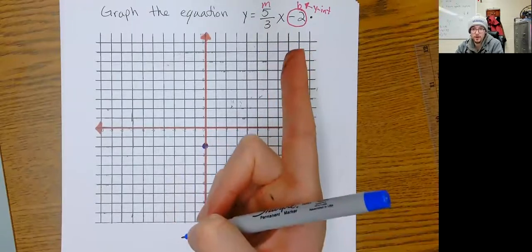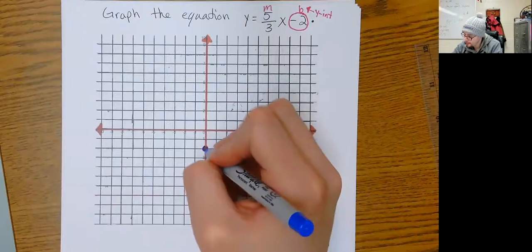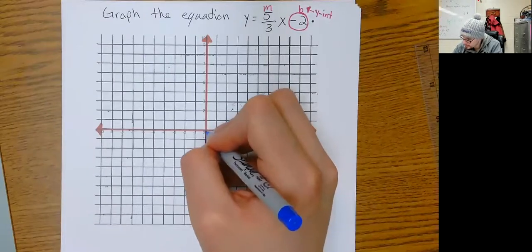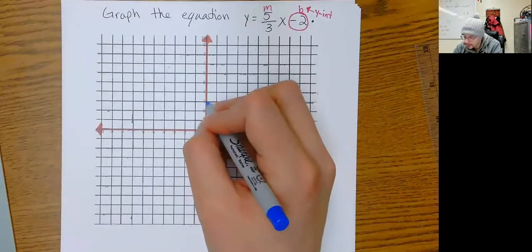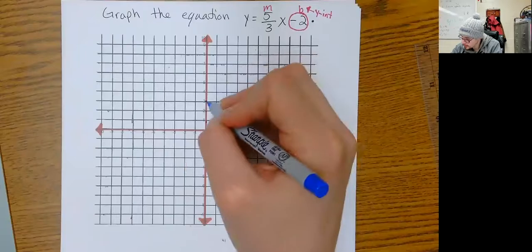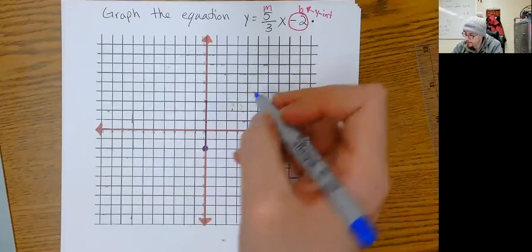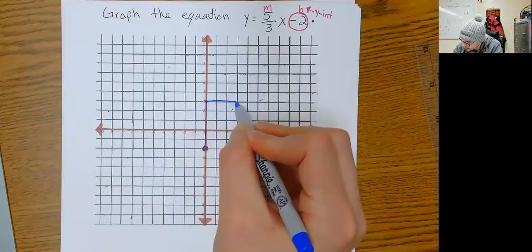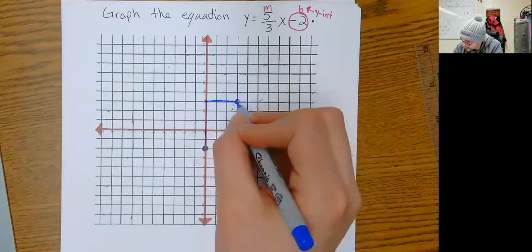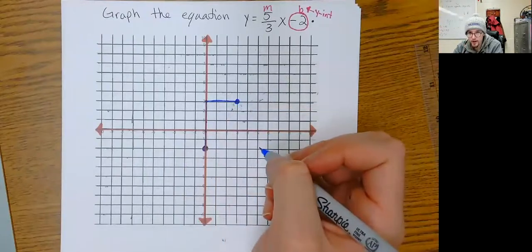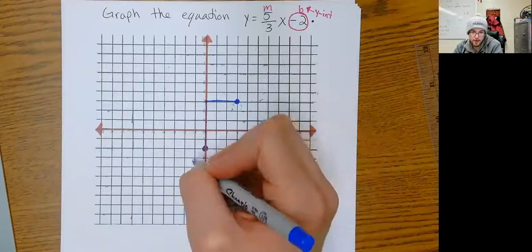So positive 5/3 means I'm going to go up 5. So 1, 2, 3, 4, 5. All right. So I got this part of my right triangle, and then I'm going to go from here over 3. So over 3. There's my point. Now you could just grab a ruler and go through these.